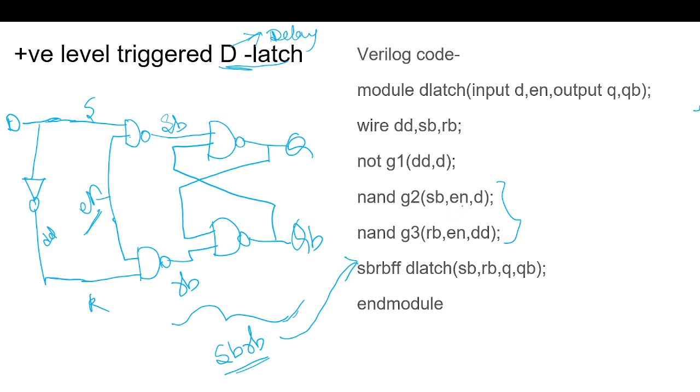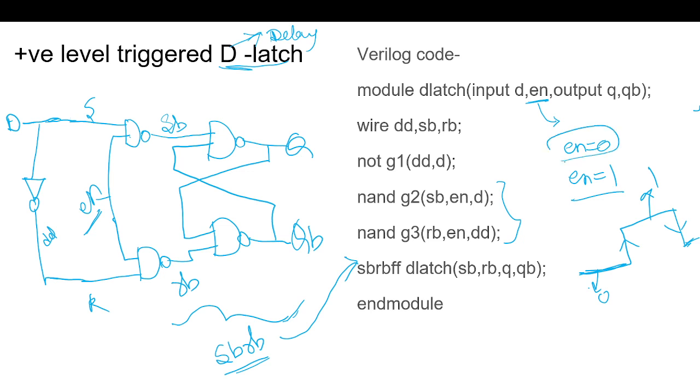Yes, both enable and clock are the same. Usually we say enable when enable is equal to 0 or enable is equal to 1. In clock we can have everything: either 0, 1, positive edge and negative edge.